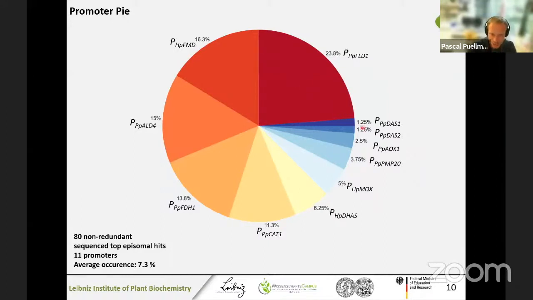The classical AOX1, maybe you recognize this, is a very classical on-off promoter, non-active when there is some other carbon source around and active as soon as methanol is around. They are actually not so good in our hands, at least in this episomal system.